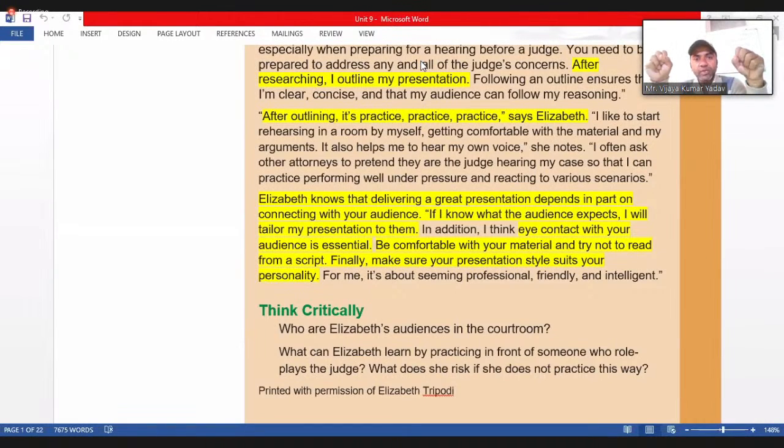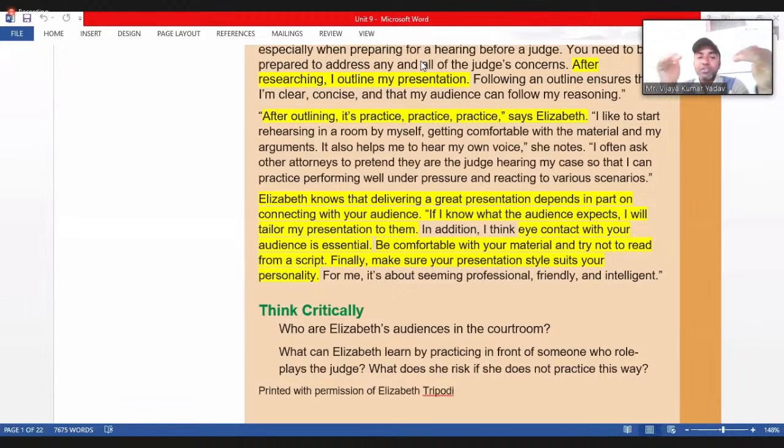So avoid these emotions. You should have a cheerful face there, a happy face, a smiling face. Avoid your anger. Avoid your fear. Avoid all other bad emotions. Isn't it? And you should have a cheerful face, that is a smiling face, before the audiences.